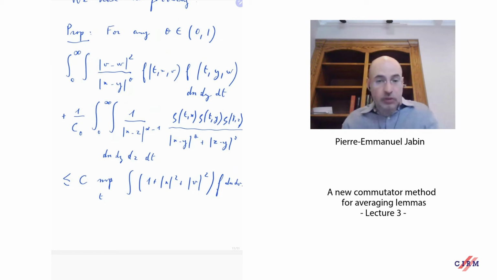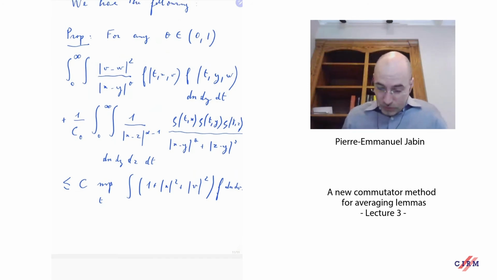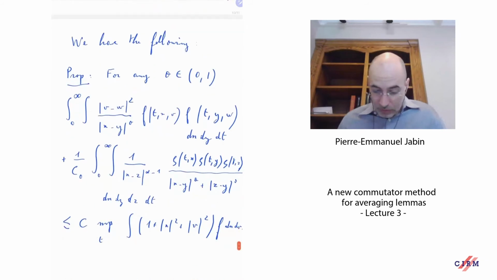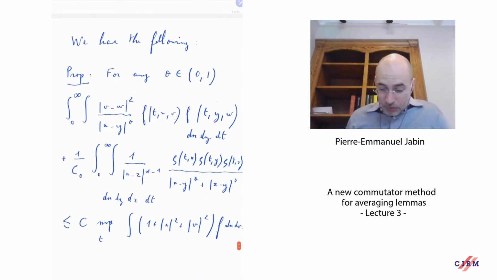The estimate is written here, the constants are explicit and do not involve anything else, and they only involve the constant C that is there in the bound on V. The first term here comes from free transport. The second term comes from the interaction between particles.